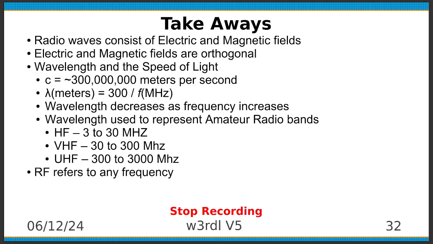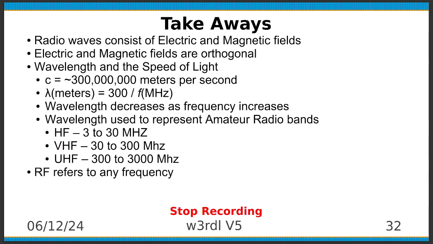C is always equal to 300 million meters per second, and if you use 300 instead of 300 million, remember your answer is going to be in megahertz. Wavelength is in meters.